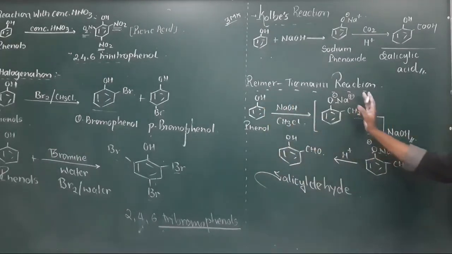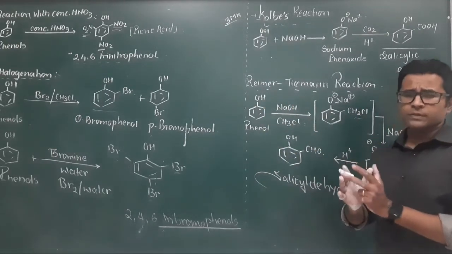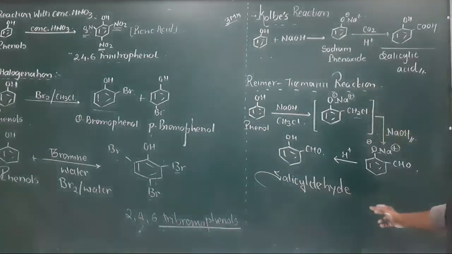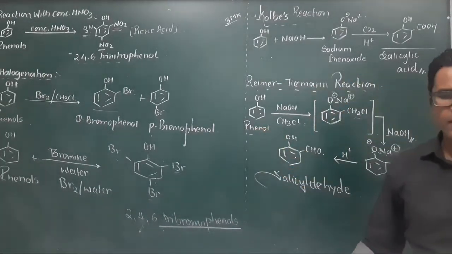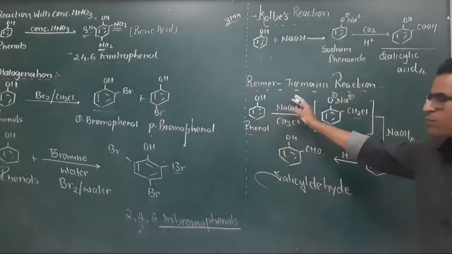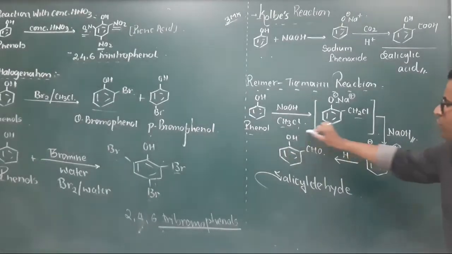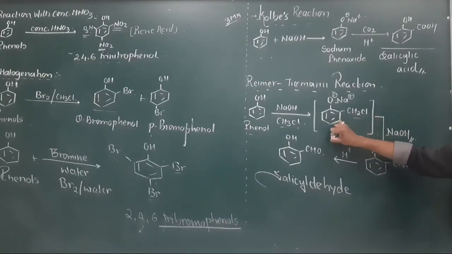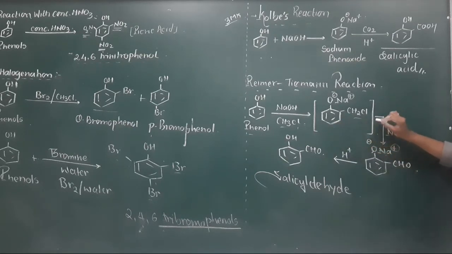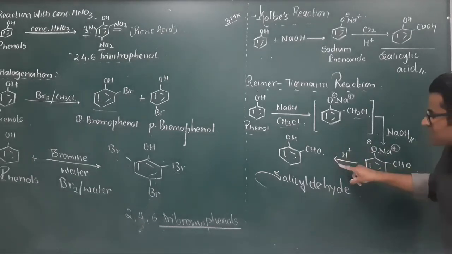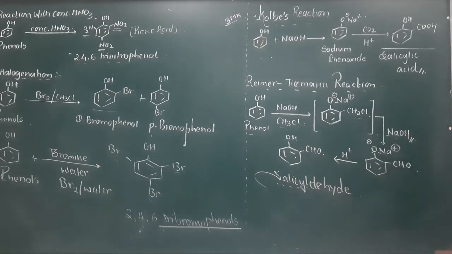So the Reimer-Tiemann reaction is nothing more than the formation of salicylaldehyde from phenols. It includes the reaction of phenols with sodium hydroxide in the presence of chloroform, giving the intermediate substituted benzyl chloride. This substituted benzyl chloride, on further reaction with NaOH, yields a compound having a CHO aldehyde group at the ortho position, which on acidification ends up giving us salicylaldehyde. This is how the entire process goes.